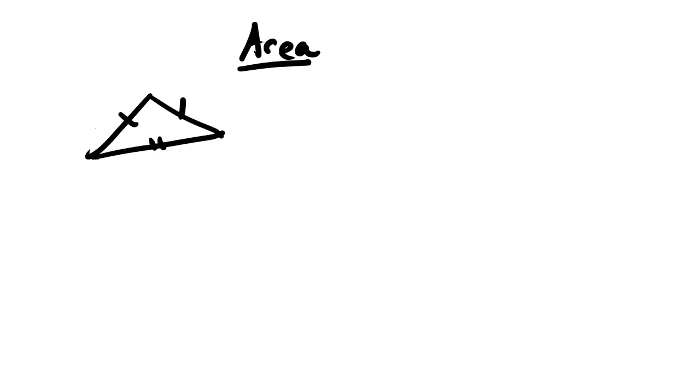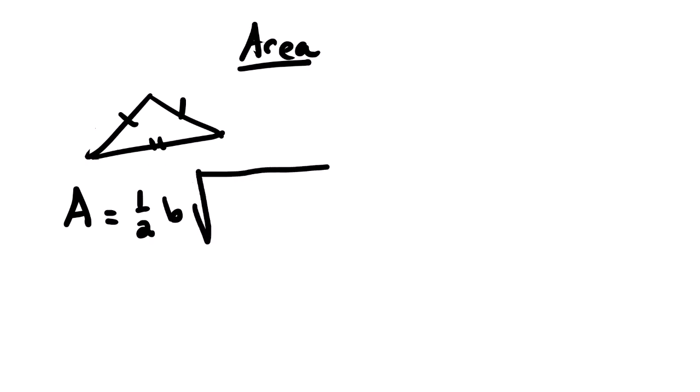There is a lesson whereby I actually derive this equation, but the area of an isosceles triangle is half multiplied by the base, multiplied by the square root of a squared minus b squared all over 4, provided we have a and b here.